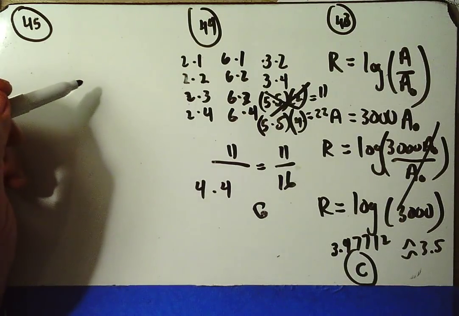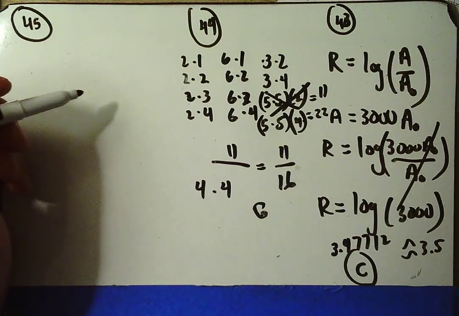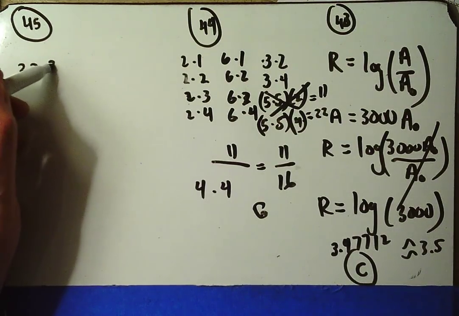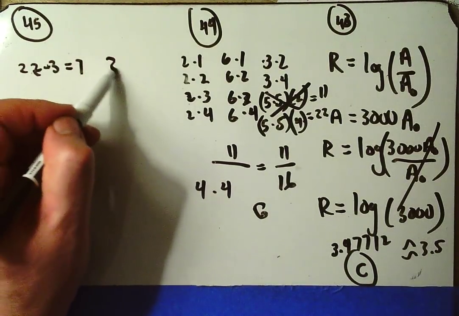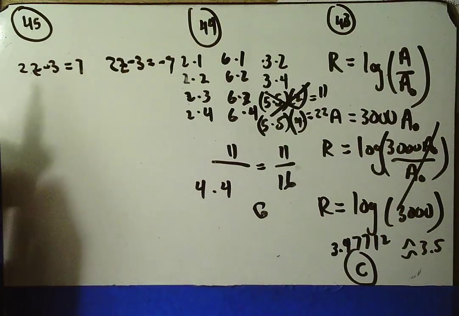Okay, 45. Which is the complete solution set to absolute value of 2z minus 3 is greater than or equal to 7? Okay, so let's do 2z minus 3 equals 7 and 2z minus 3 equals negative 7.